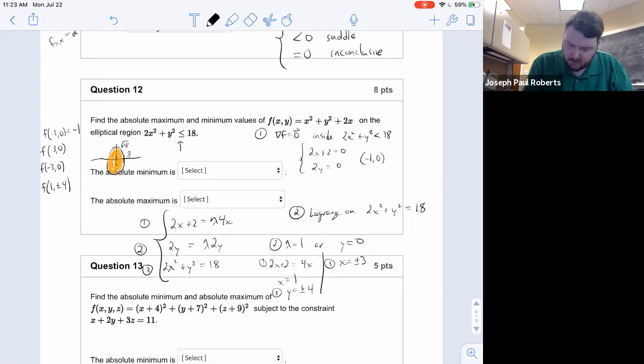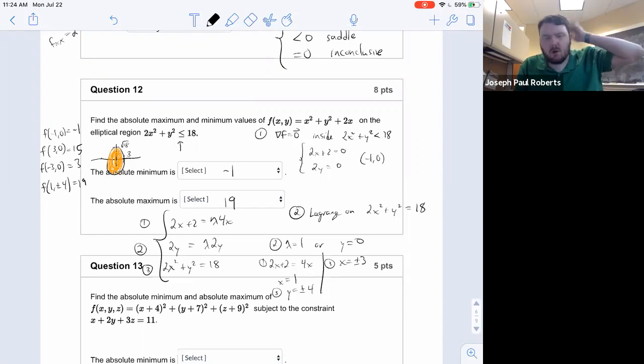At (3, 0), I get 9 plus 6, which is 15. At (-3, 0), I get 9 minus 6, which is 3. And then at (1, plus or minus 4), I get 1 plus 16 plus 2, which is 19. So it looks like the minimum is minus 1, the maximum is 19.